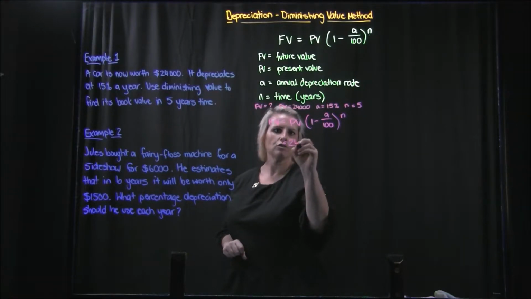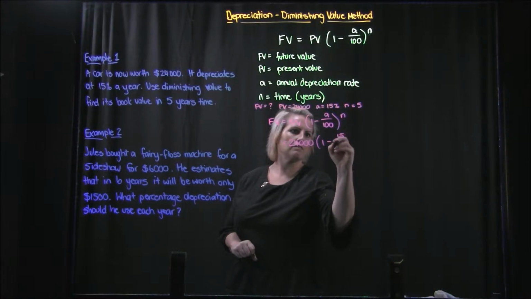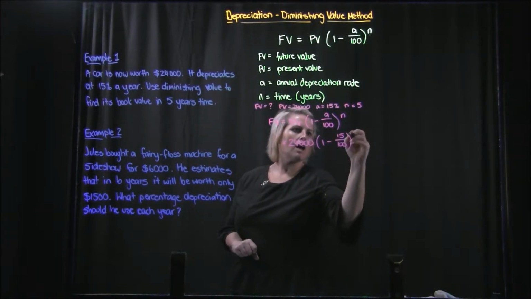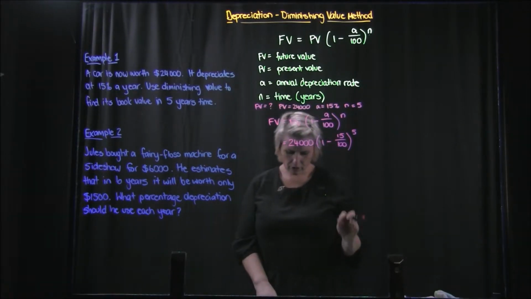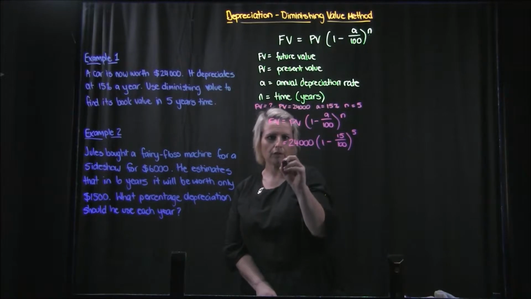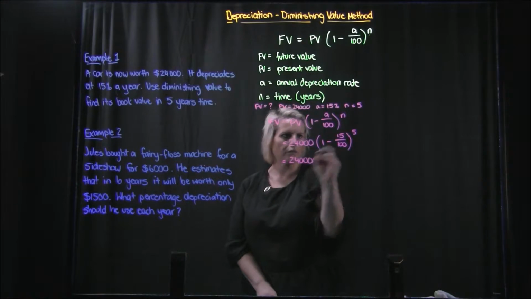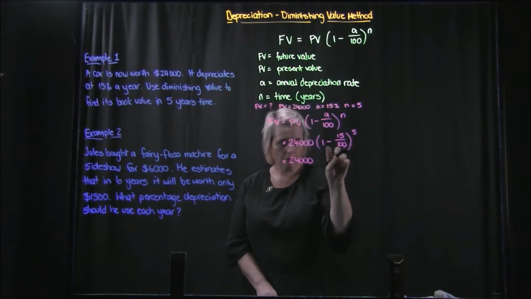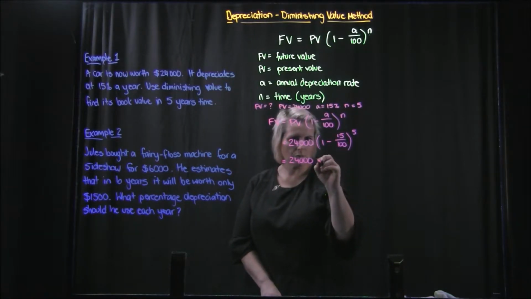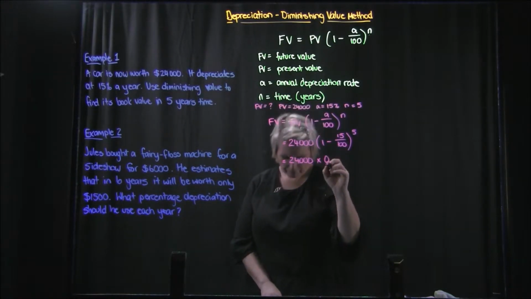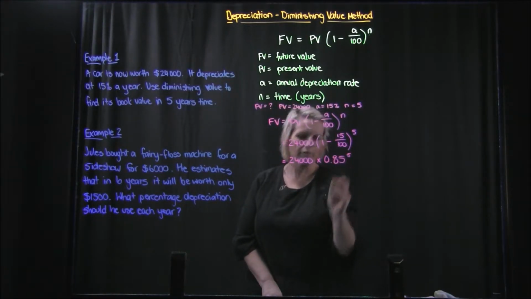So our present value, 24,000, times 1 minus the depreciation rate, 15 over 100, to the exponent 5. From there, if I do 15 over 100, 1 minus that amount, I end up with 0.85 to the power of 5.